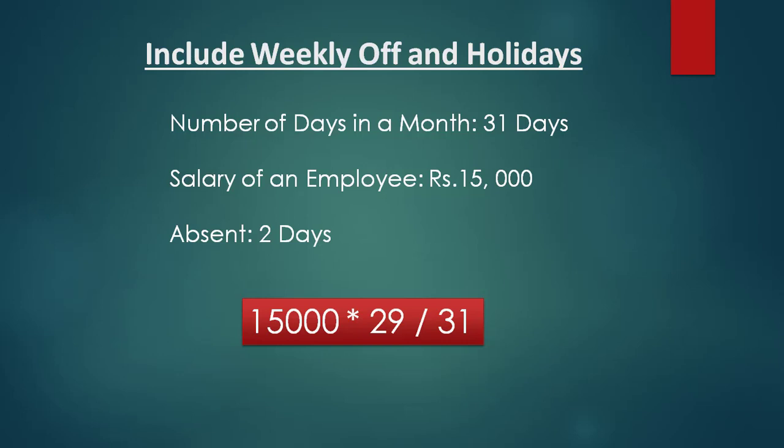The software will subtract those 2 days from 31 on which the employee was absent. It will be 29, and then it will be multiplied by 15,000 and divided by 31. So the software will calculate it this way: 15,000 multiplied by 29 divided by 31. In this way you can calculate the salary on the basis of include weekly off and holidays.